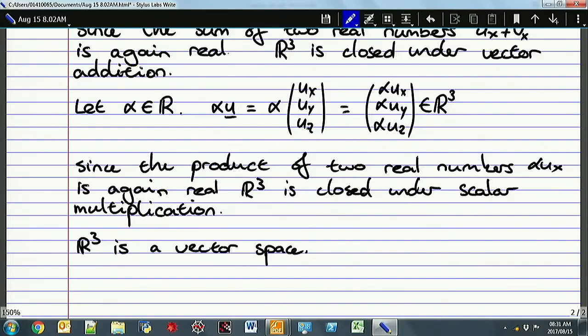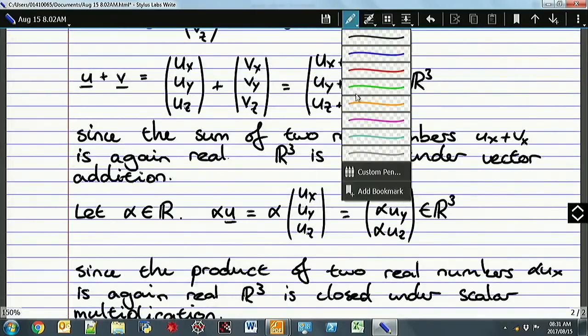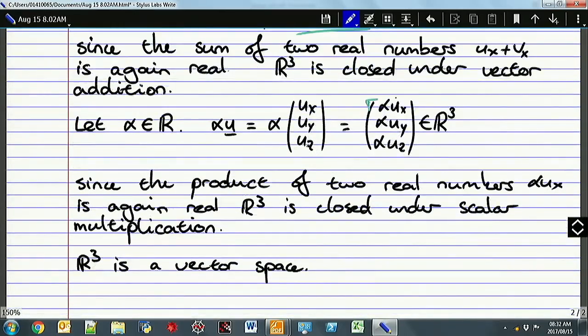Yes? I'm just wondering whether we need to say anything about the number of elements in the vector. Oh yeah, it is critical. I guess I've maybe brushed over it because it seems quite obvious, but yes, we should point out that here we've got 1, 2, 3 elements in our result, and here again we've got 1, 2, 3.